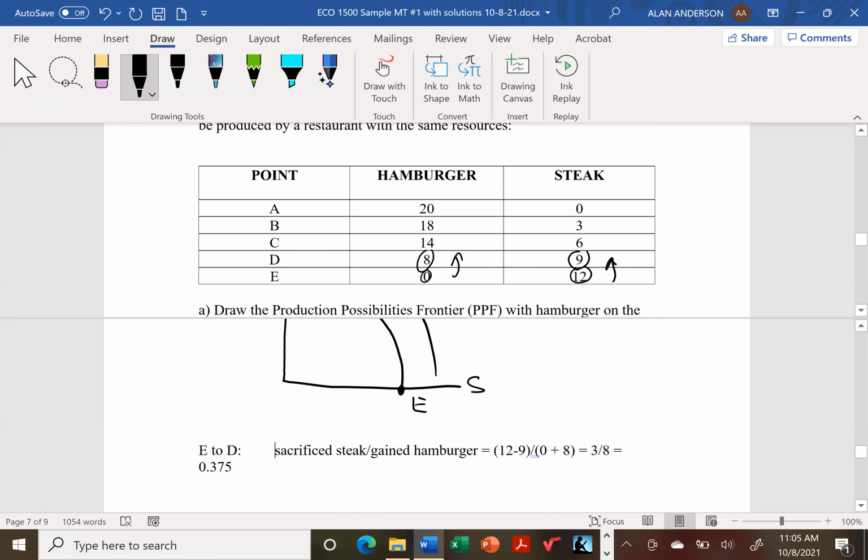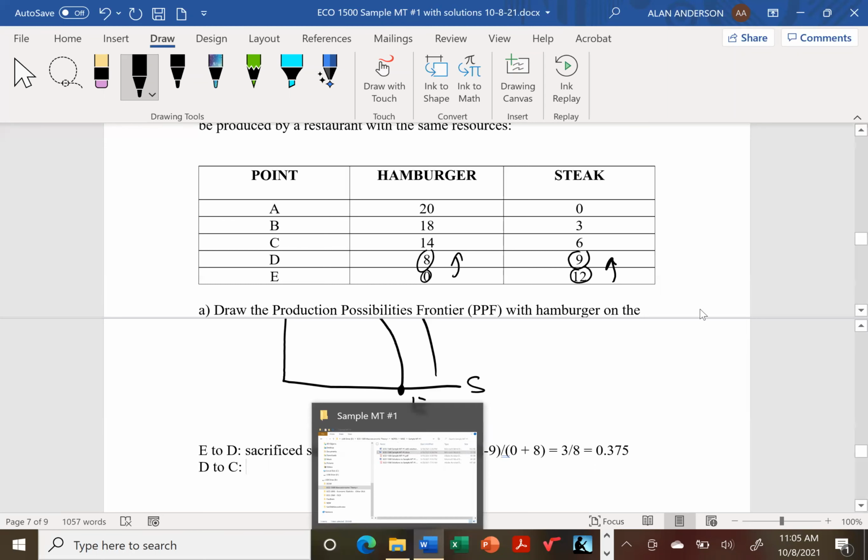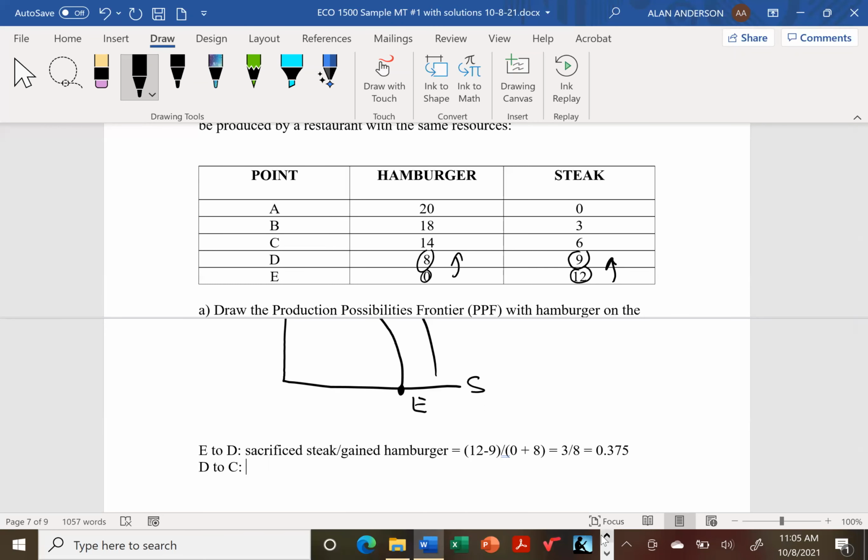So they're all going to work the same way. Now I'll do the same thing from D to C. I move up one more level. This time, the steak is going from 9 to 6, and the hamburgers are going from 8 to 14.